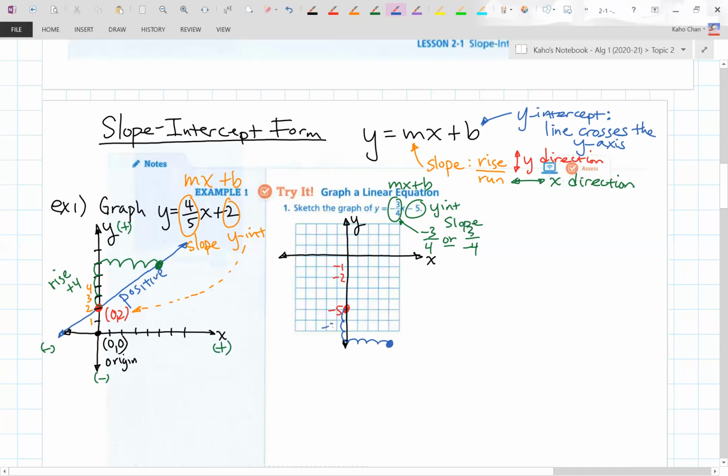Okay, that's negative 3, positive 4. If we went the other direction, did positive 3, up 3, negative 4 goes to the left, those two blue dots that I just placed down, depending on how you interpret the slope, actually fall on the same line.